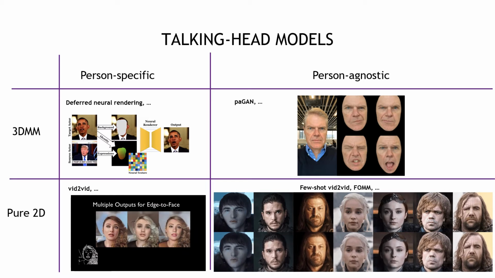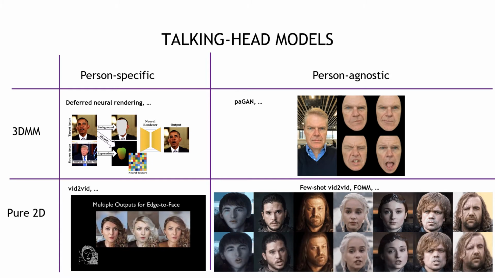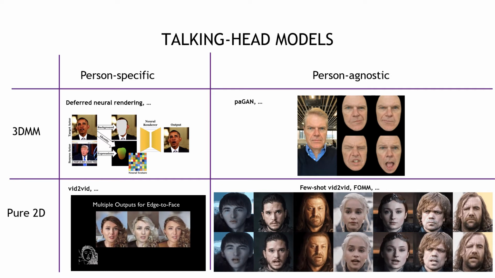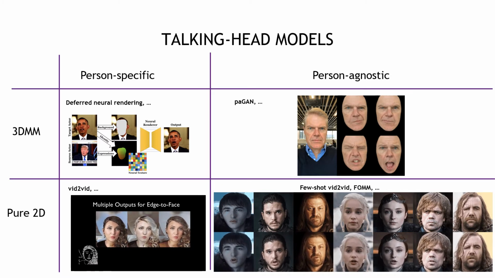Person agnostic means that it can be used for a wide range of people. And based on whether a 3D model of the person is used, we can have models that are based on 3D and models that are based purely on 2D. Our model is in the category of person agnostic and pure 2D.